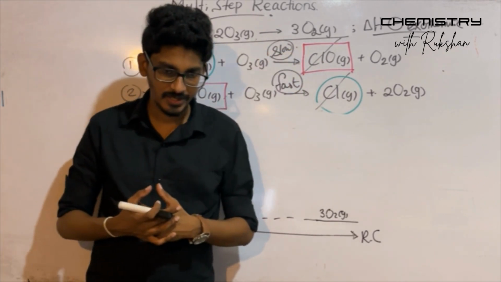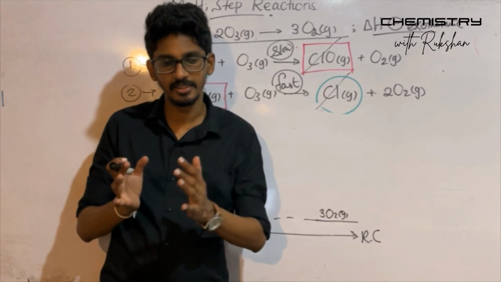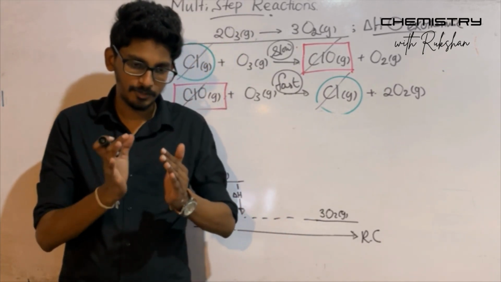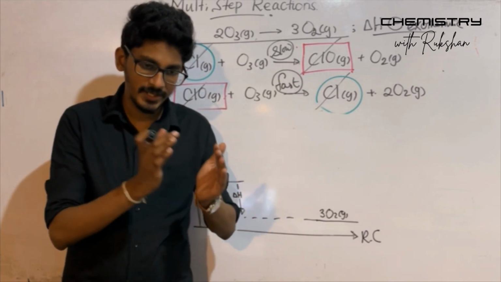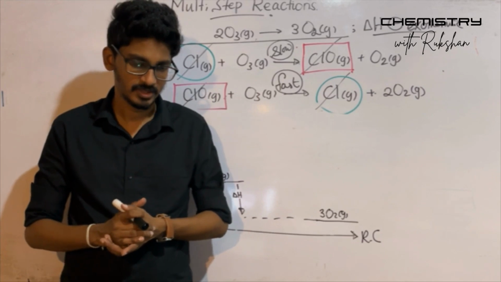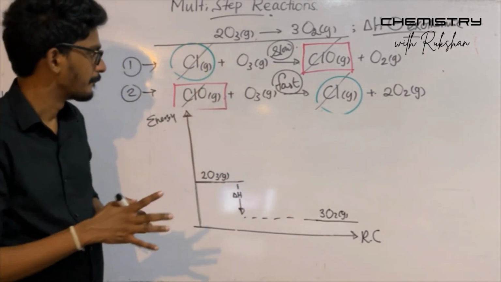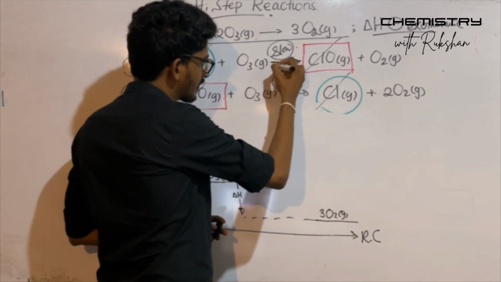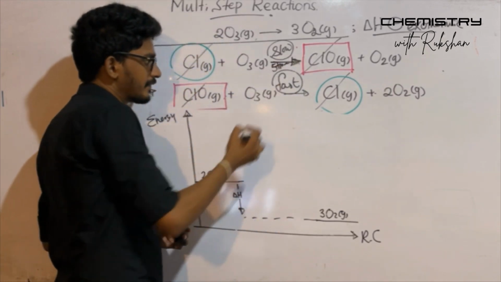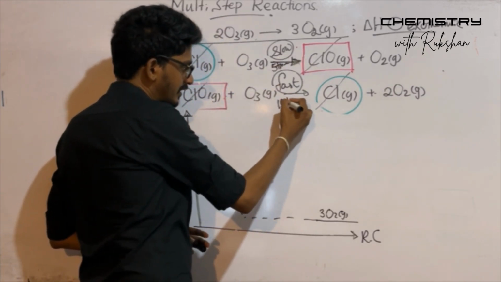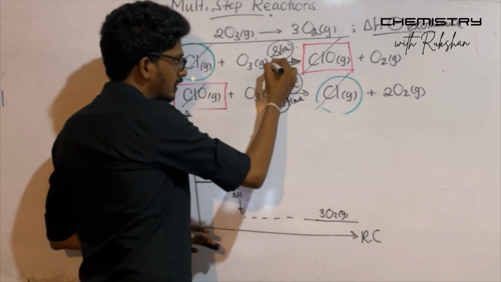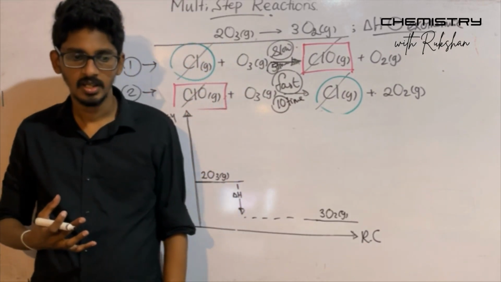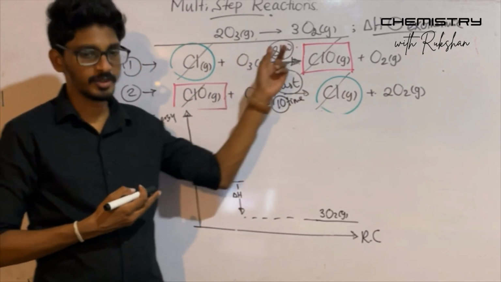If you consider a step as a slower step, the number of products produced should be lower than the other step. Let's consider this step happens 5 times per second and this one happens 10 times per second. That means this is slow. That is the idea. So what is the reason for that?